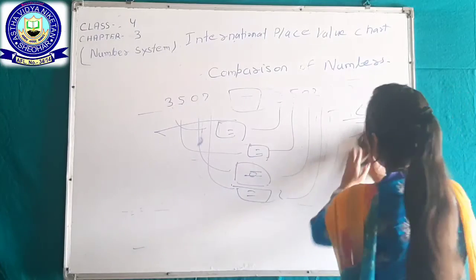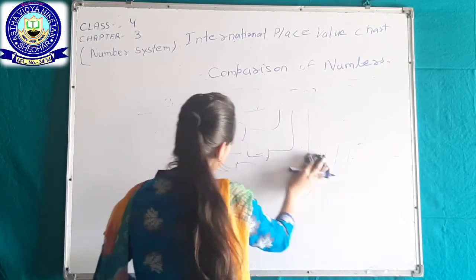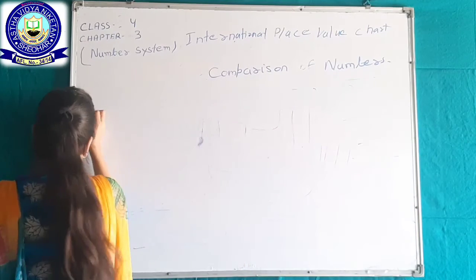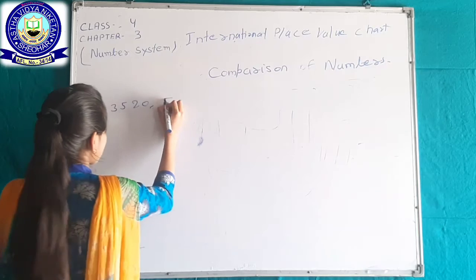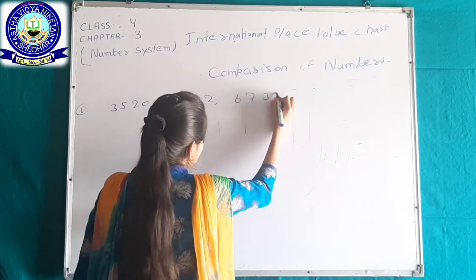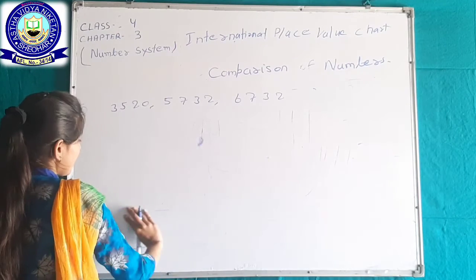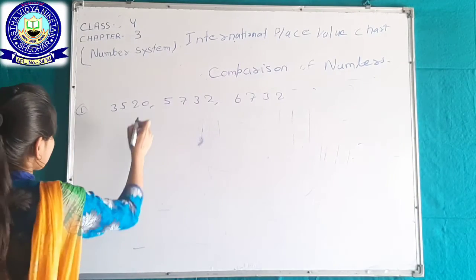When you know the comparison of numbers, you can write it in ascending order and in descending order also. Here is a series. In ascending order, first of all you have to write the smallest number of that series.